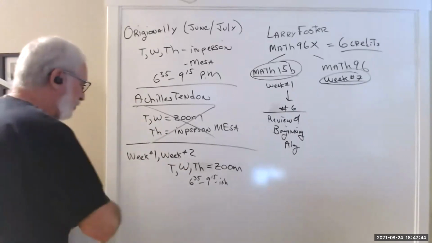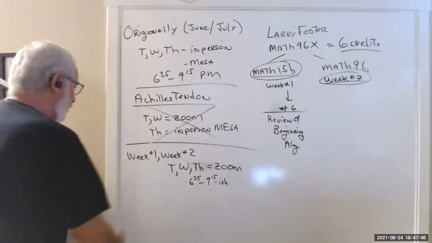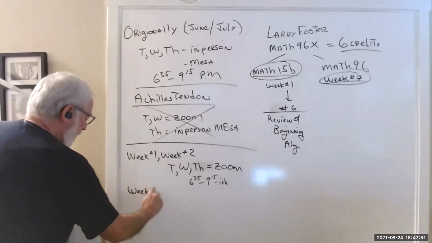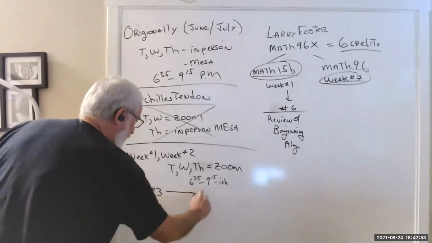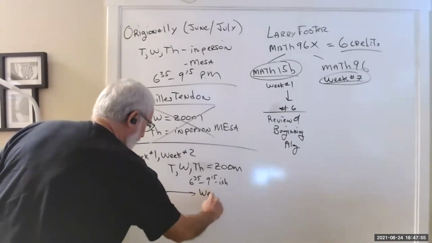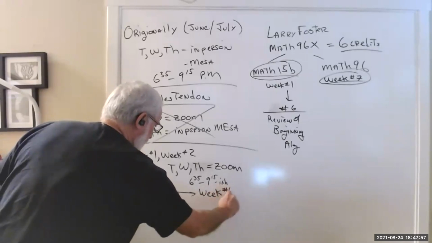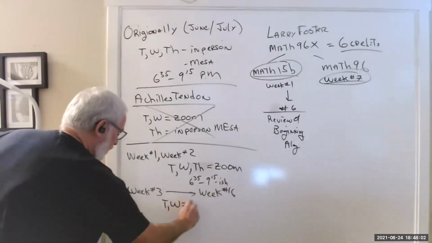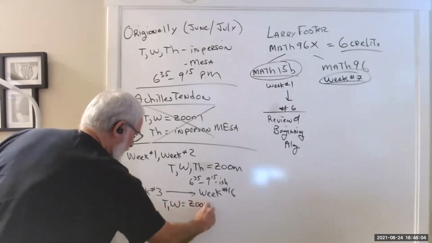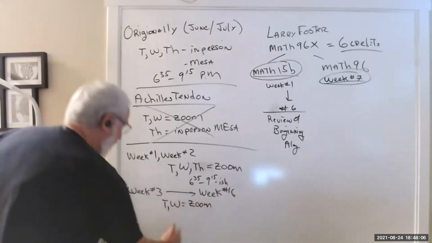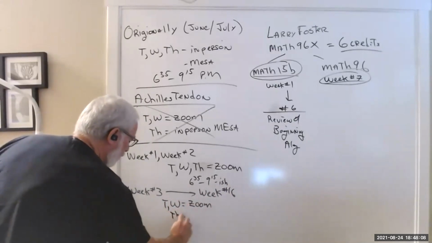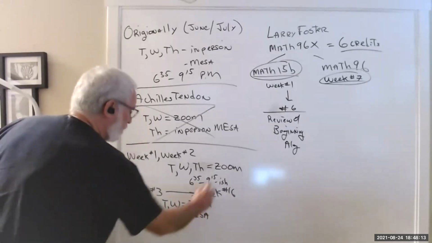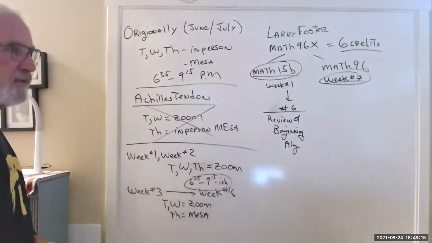And then after this, can you guys still see down here from week number 3 to the end of the semester, week number 16, okay, we will be going Tuesday, Wednesday, Zoom. Can you guys still see? Okay. Thursday, in person at Mesa. And the time will still be 6:35 to 9:15.